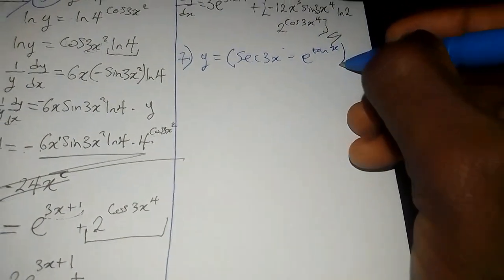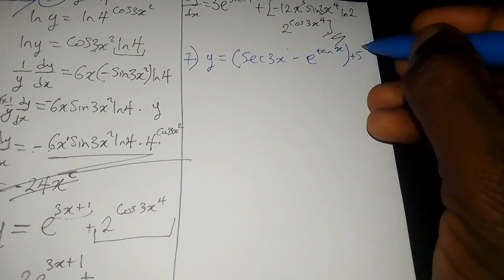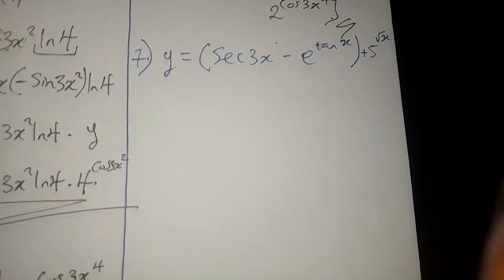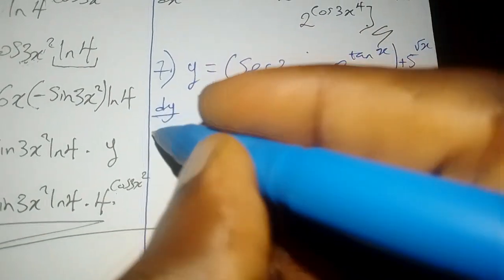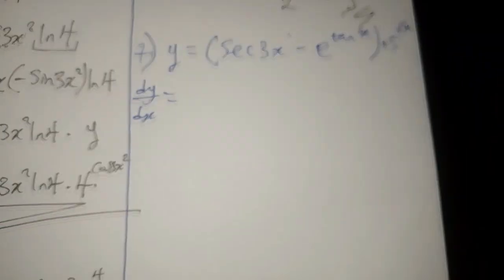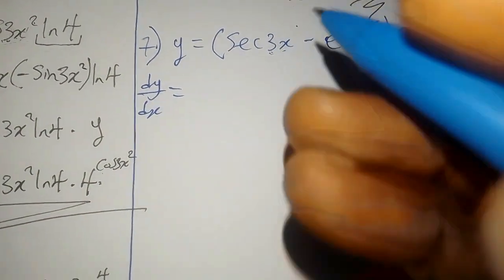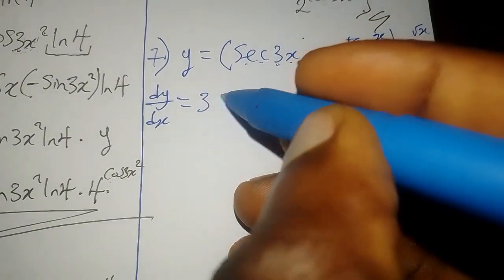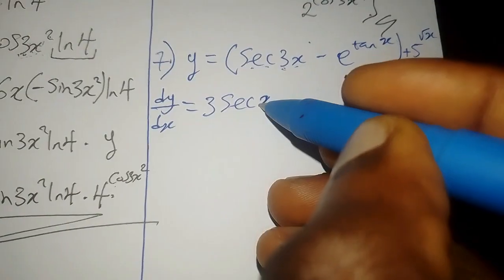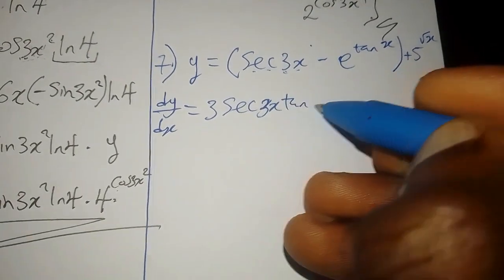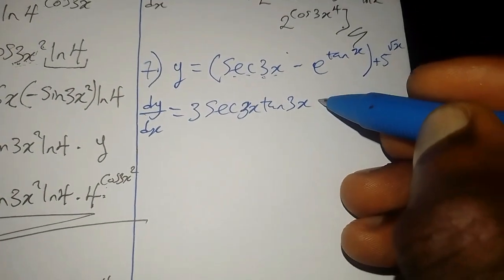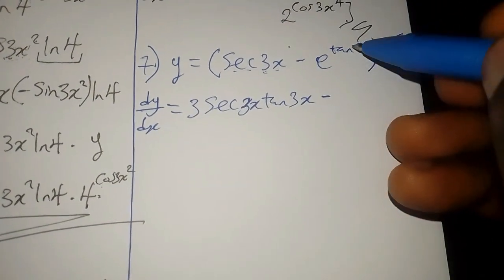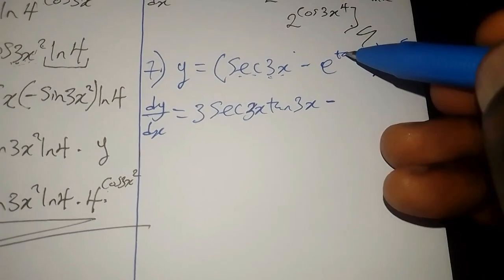So we can say dy dx is equal to, straight away, if I differentiate this inside part, I'm going to have 3. If I differentiate sec, I'm going to have sec 3x tan 3x minus, differentiate this exponential tan x, but before that, differentiate this upside. That's sec square x exponential tan x, plus this one.